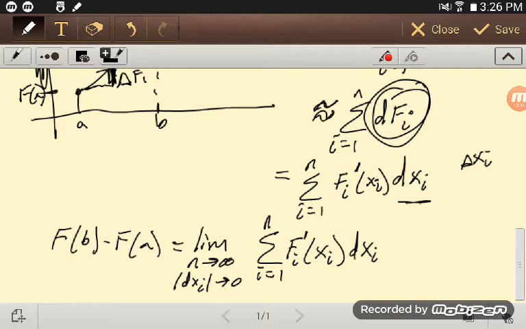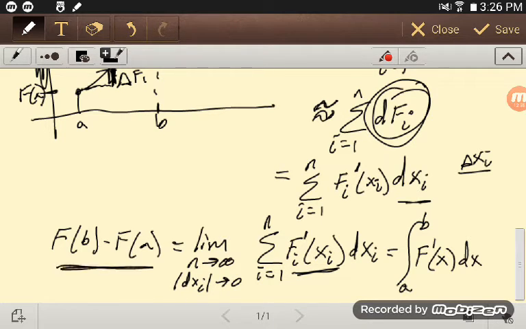And remember, that dxi is just a delta x. But that limit is a definite integral. That is the integral from a to b of our function here, F prime of x dx.